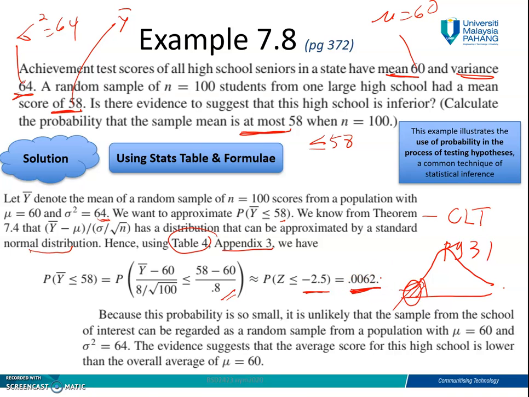Okay, because this probability of 0.0062 is so small, it is unlikely that the sample from the school of interest can be regarded as a random sample from the population with mu 60 and sigma square 64. So the evidence suggests that the average score for this high school is lower than the overall average of mu equal to 60, because the probability is very small.